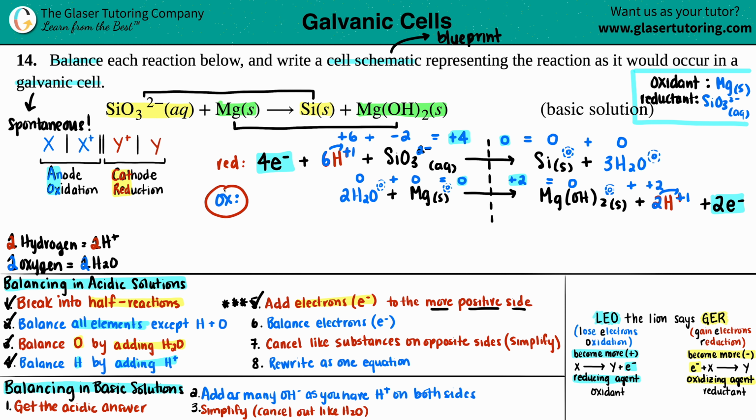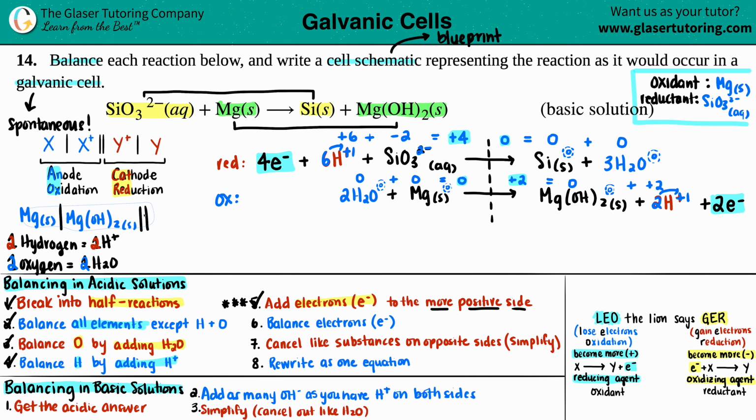So since your oxidation was linking the magnesium with the Mg(OH)2, that goes first. Mg, solid, turned into, you could think of those brackets as like turning into magnesium hydroxide. That's also a solid. Then we have those double brackets.